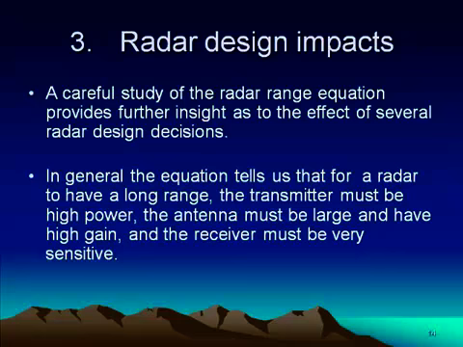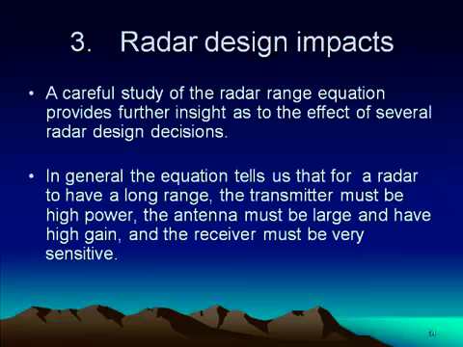On the other hand, the receiver must be highly sensitive. That is, the minimum detectable signal must be very low, of the order of minus 110 dBm or even less.